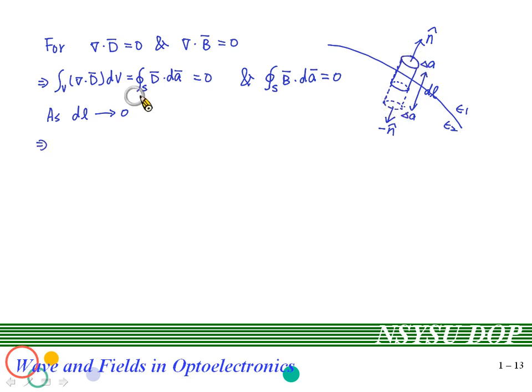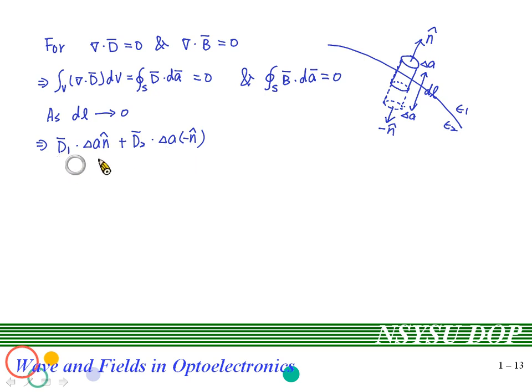This total outward flux will become D1 dot delta A n hat plus D2 dot delta A minus n hat.